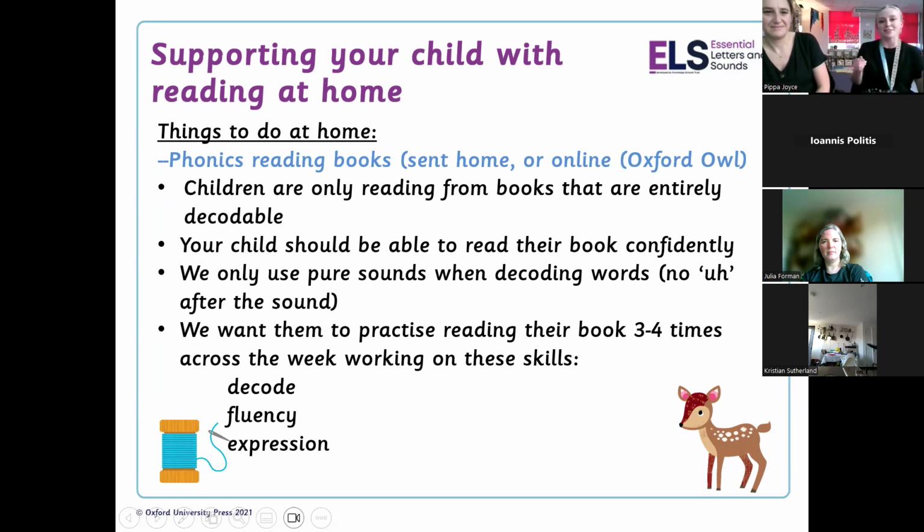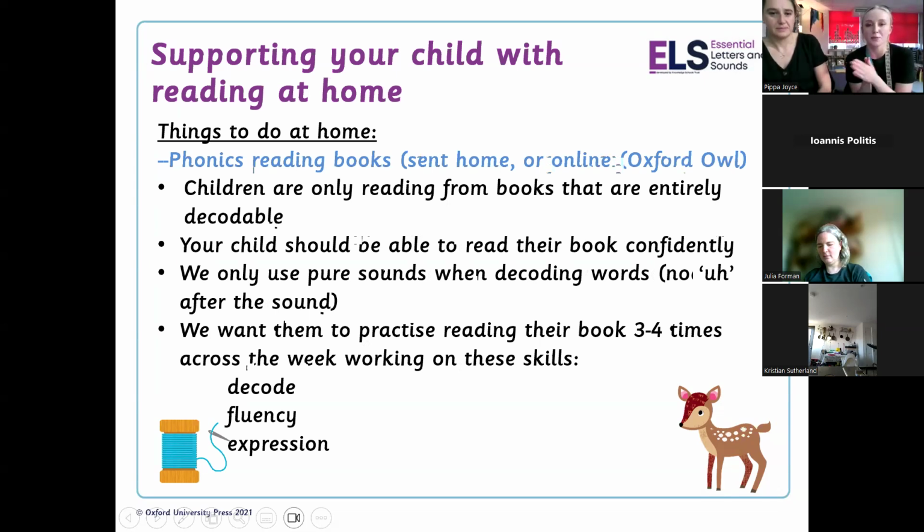In the phonics books there's not a lot of words, but it's that practice. We use robot arms, so you could encourage the robot arms at home as well. It's getting that practice of decoding, sounding out the word, and then blending it back together.